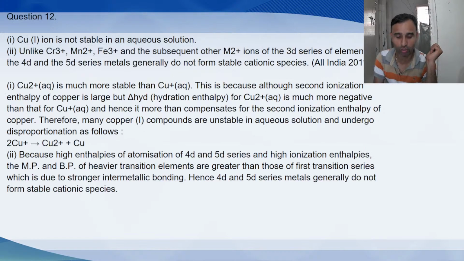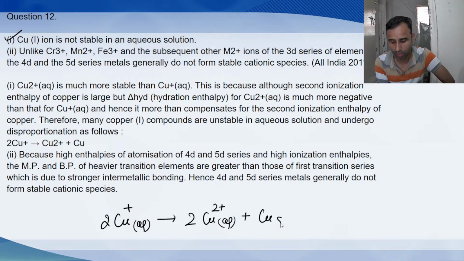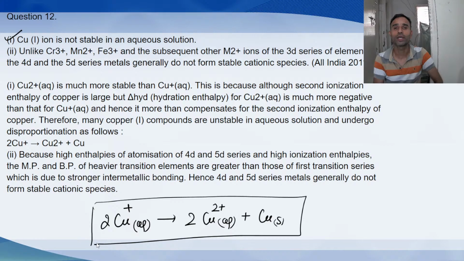So the next question is, copper 1 ion is not stable in an aqueous solution. We have already done this question: copper 1 plus aqueous always disproportionates in aqueous solution like this, because copper 2 plus aqueous is more stable than copper 1 plus aqueous. Why is it so?